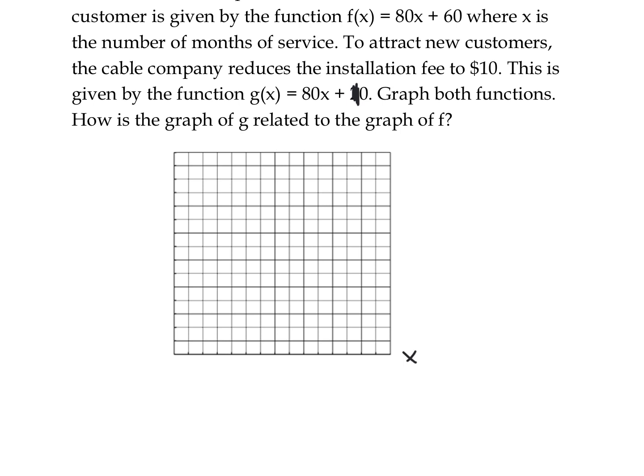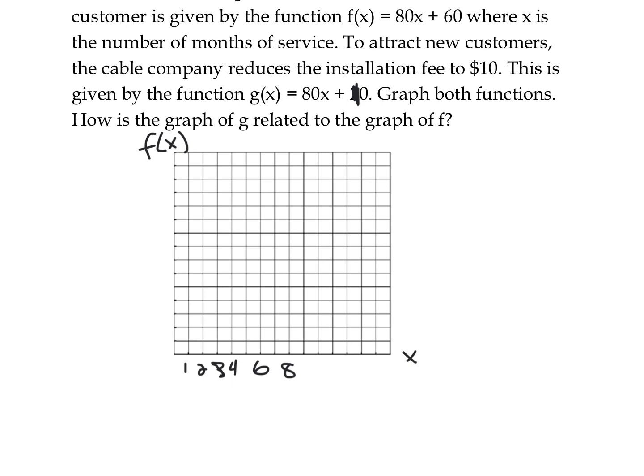We're going to have x and then f of x. Okay. So the number of months, 1, 2, 3, 4, right? We could keep going with our number of months depending on how much we want to graph here. And then for our f of x, our cost, we might want to go by 20s, let's say.